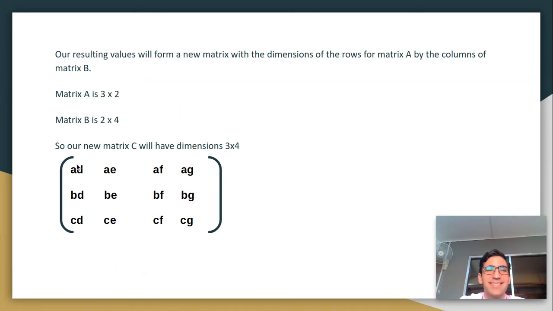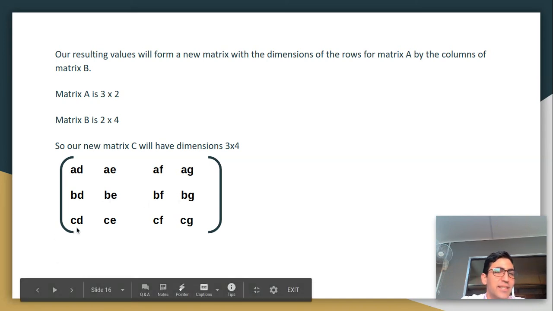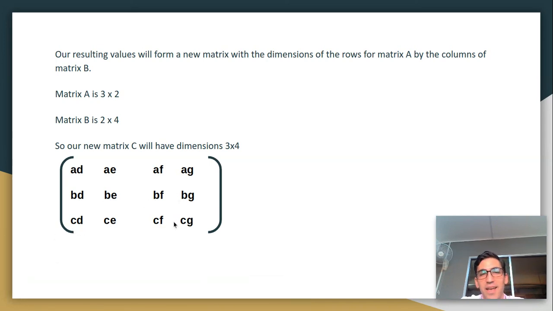This will be the sum of the products of multiplying row A with column D. This will be the sum of the products when you multiply row A with column E. So we have AD, AE, AF, AG. Then we go to our B's, BD, BE, BF, BG, CD, CE, CF, CG.